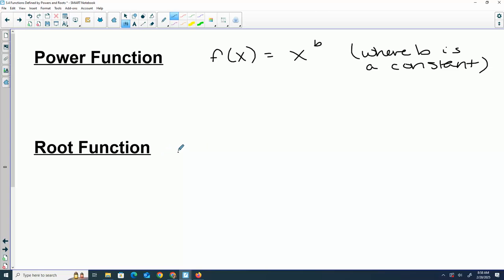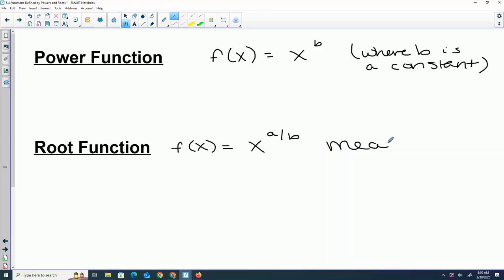So when it's like x to the, I'm going to say a over b power, that turns it into a radical. So if that exponent is a fraction, that is equivalent to a radical.